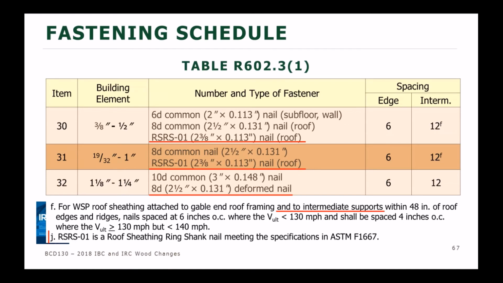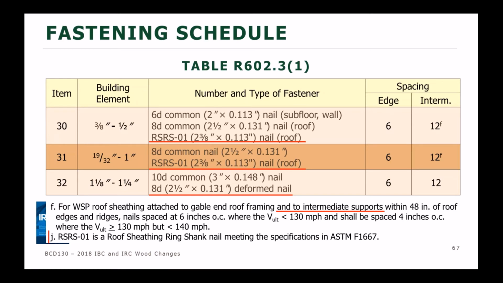In the roofing section, we also have an addition, just like in the IBC, of ring shank nails. So we see an addition for our sheathing thickness table of the RS01 nails. And if we look at the footnotes, there's a little clarification occurring there.